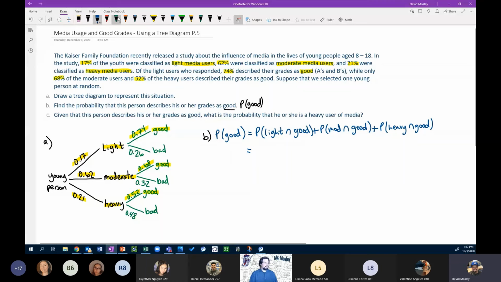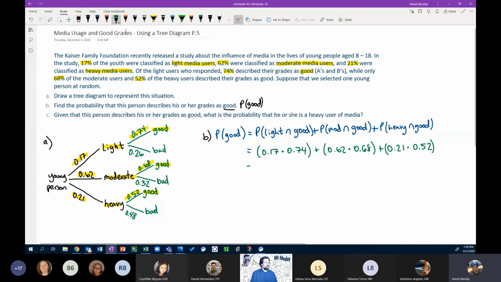So we get 0.17 times 0.74 plus 0.62 times 0.68 plus 0.21 times 0.52.